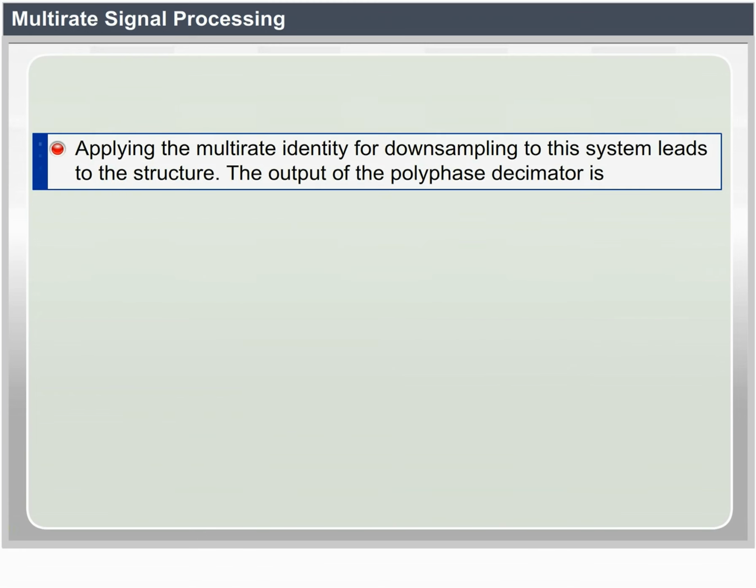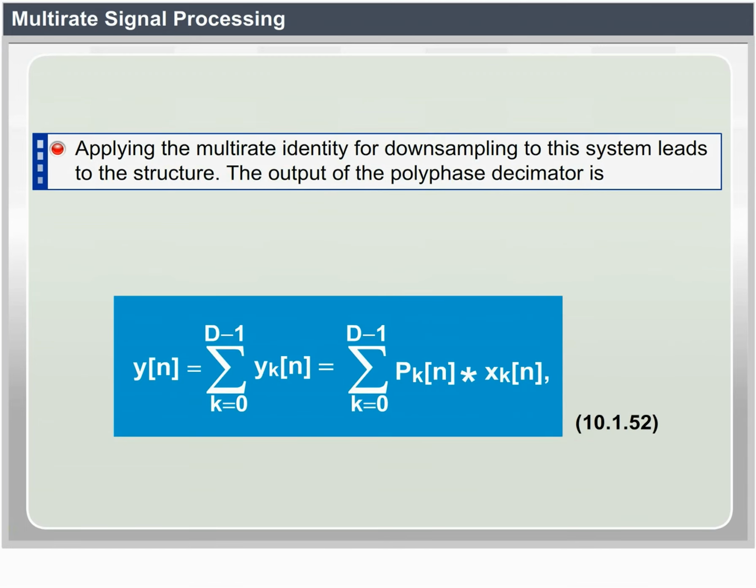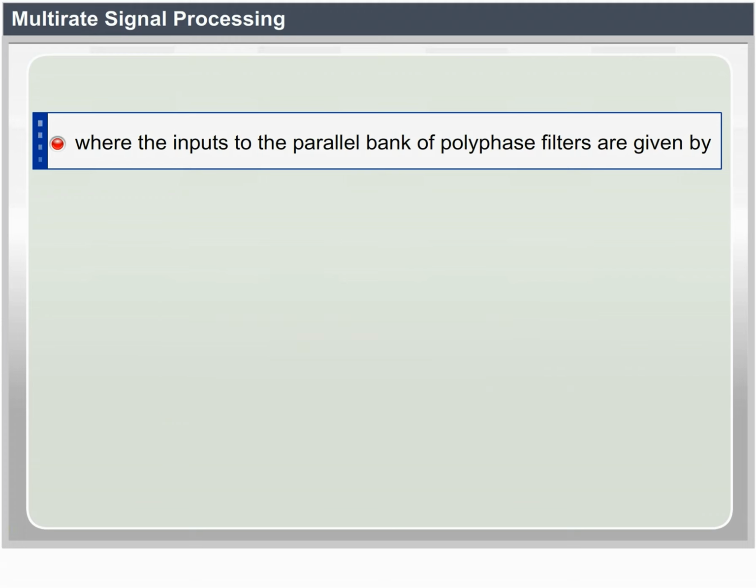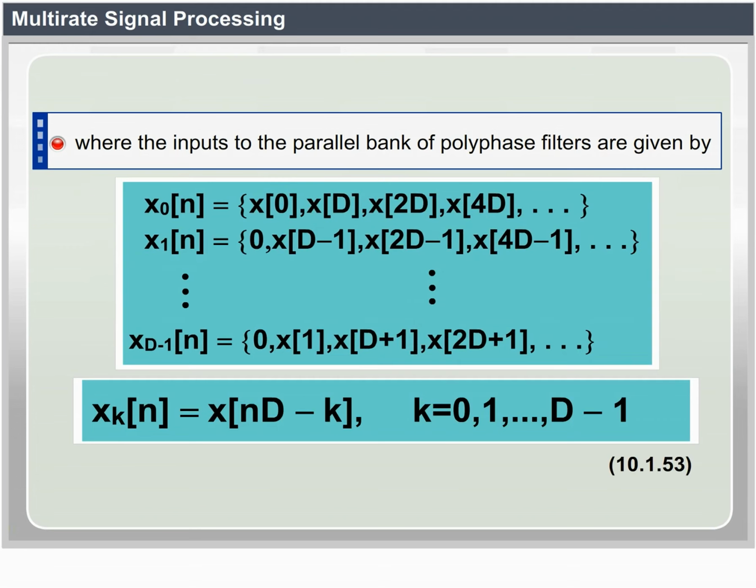The output of the polyphase decimator is y(n) equal to summation k equal to 0 to d minus 1 of y_k(n) equal to summation k equal to 0 to d minus 1 of p_k(n) star x_k(n), called equation number 10.1.52, where the inputs to the parallel bank of polyphase filters are given by x_k(n) equal to x(nd minus k), where k equal to 0, 1, up to d minus 1, called equation number 10.1.53, or more explicitly x0(n) equal to x(0), x(d), x(2d), x(4d), etc.